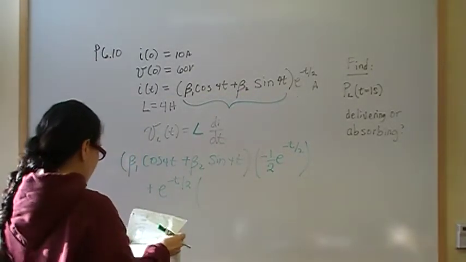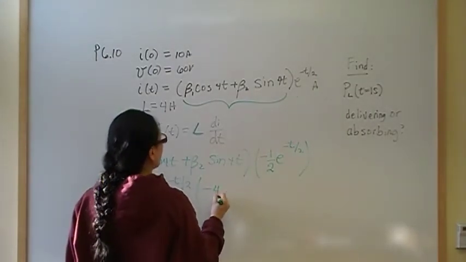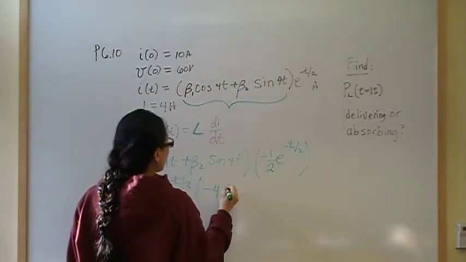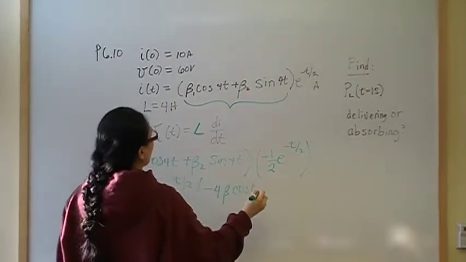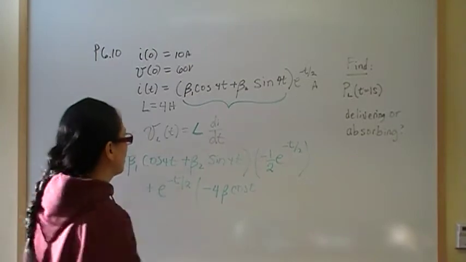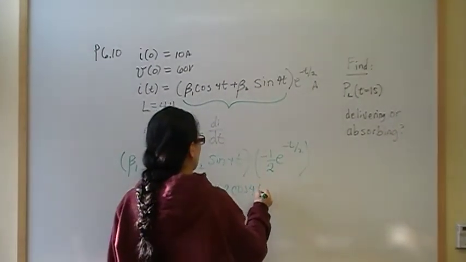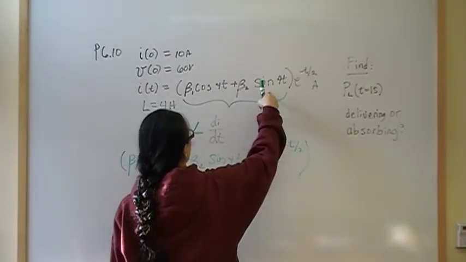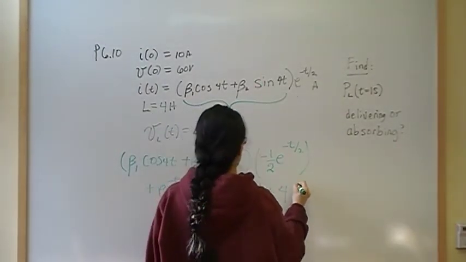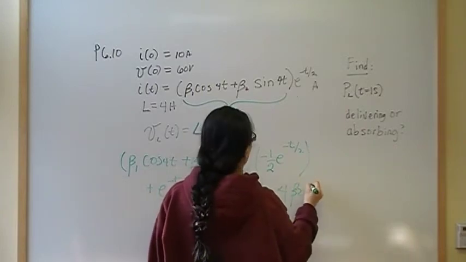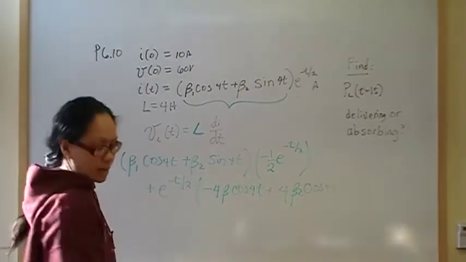Derivative of cosine is negative sine, so that gives me negative 4 beta 1 sine of 4t, and then plus derivative of sine is cosine, so this gives me 4 beta 2 cosine 4t.